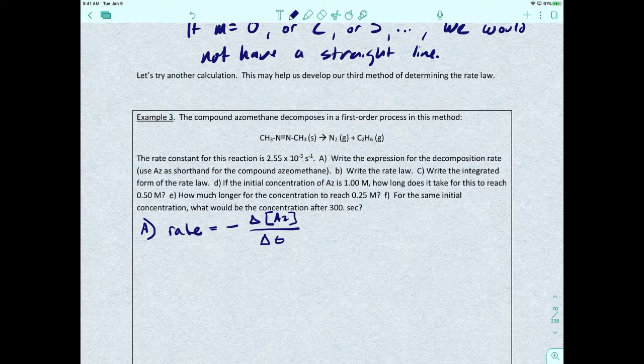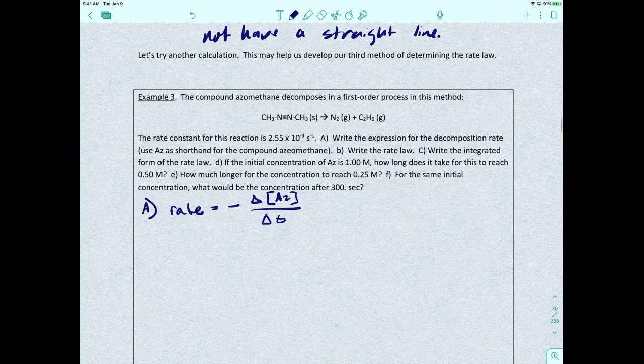There it is. Now part B says, write the rate law. Well, knowing what we know, since azomethane is the only reactant, the rate would be equal to k, the rate constant, which we actually know, times the concentration of azomethane.